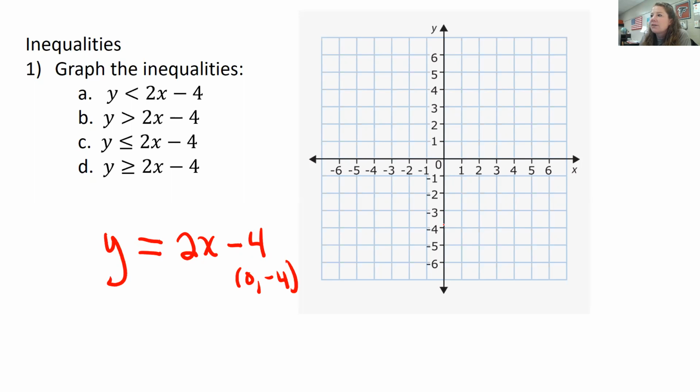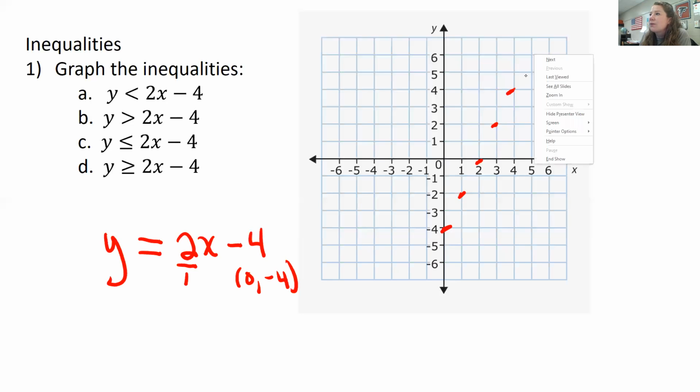Right down here. My slope is positive 2/1, a rise of 2 and a run of 1. So we would go up 2, right 1, up 2, right 1, up 2, right 1.